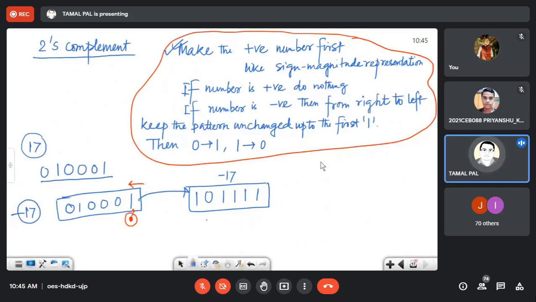If your number is n, you do the 2's complement operation to make it minus n, and if you do the same operation on minus n, it will be a positive number. So let us check it. Up to the first one unchanged, and then 0 by 1, 1 by 0, so it becomes this number.